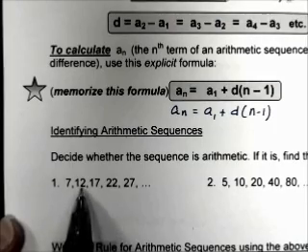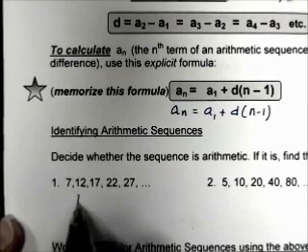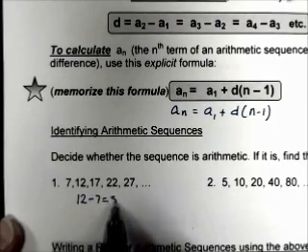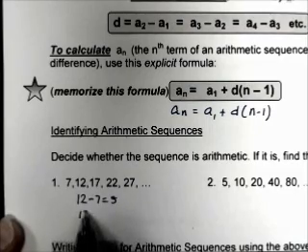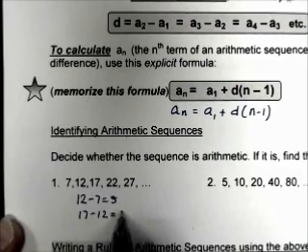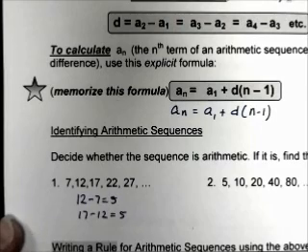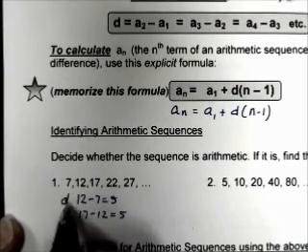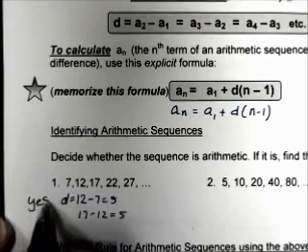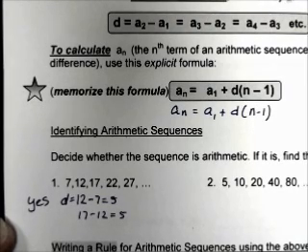Okay, so in other words, 12 minus 7 is 5. Is 17 minus 12 5? Yes, and 22 subtract 17 is 5, 27 subtract 22 is 5. All right, so this is our common difference. So yes, it is arithmetic, and the common difference is 5.